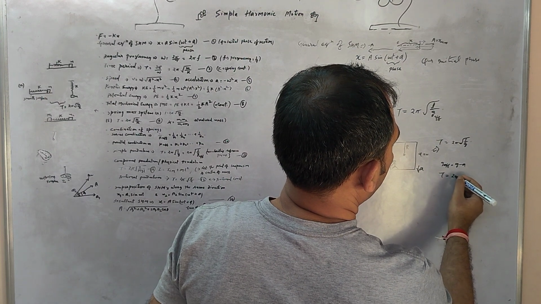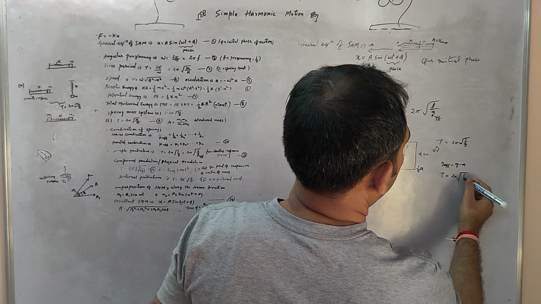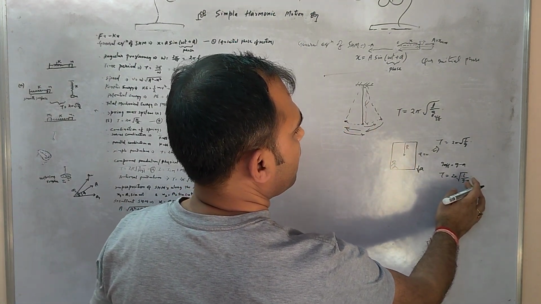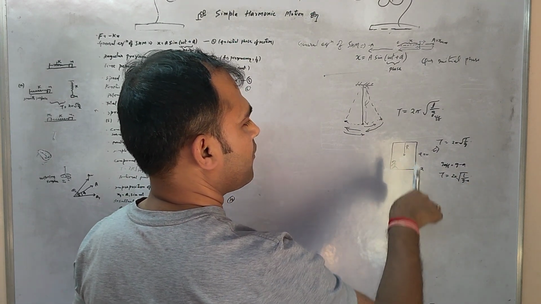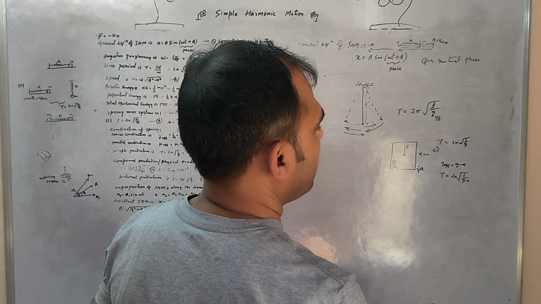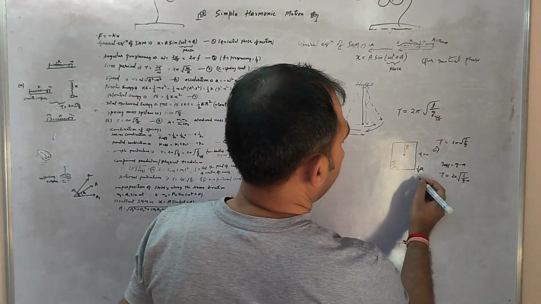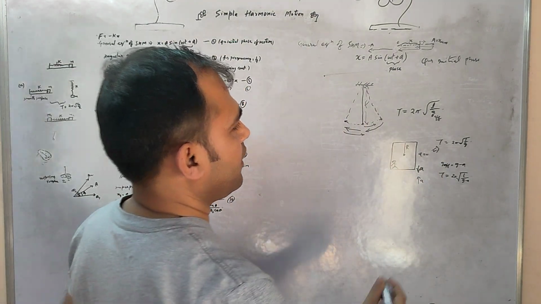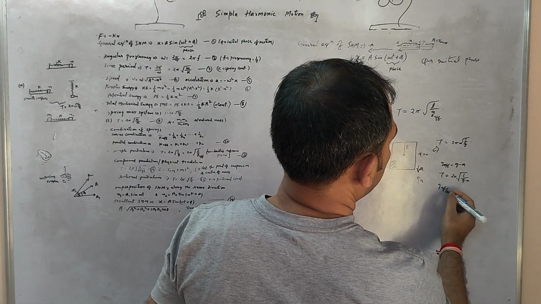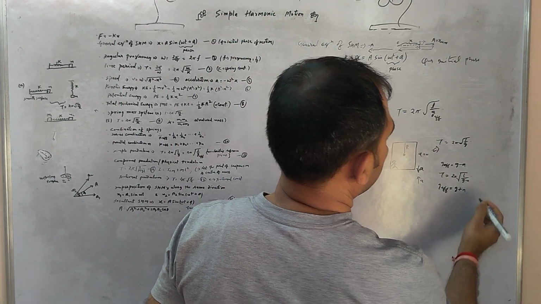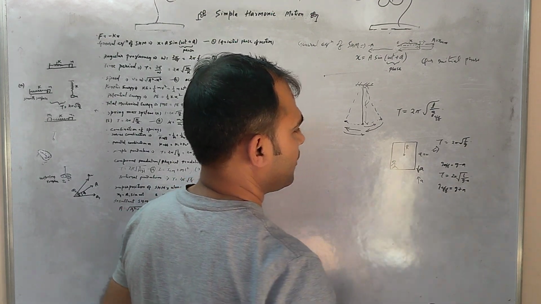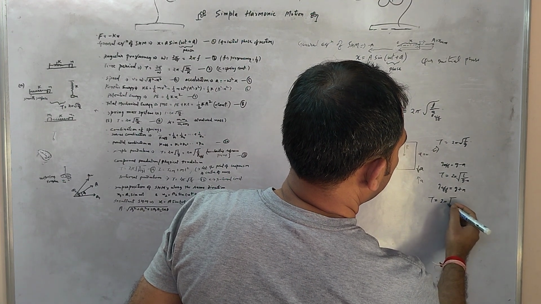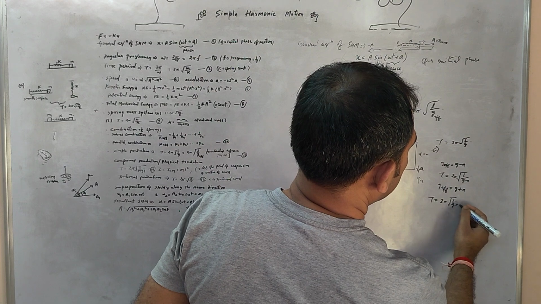So T will become 2 pi root L by g minus a, where g is the acceleration due to gravity and a is the downward acceleration of the elevator. Now if the elevator is moving with acceleration a upward, then obviously g effective will be g plus a. g effective will increase, so the time period will be equal to 2 pi root L by g plus a.